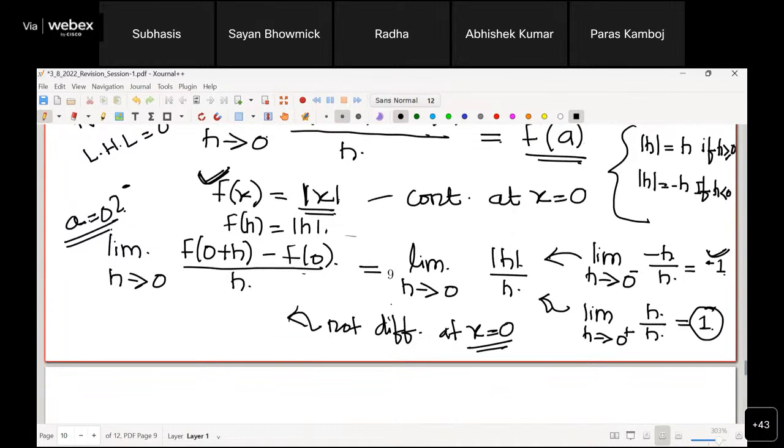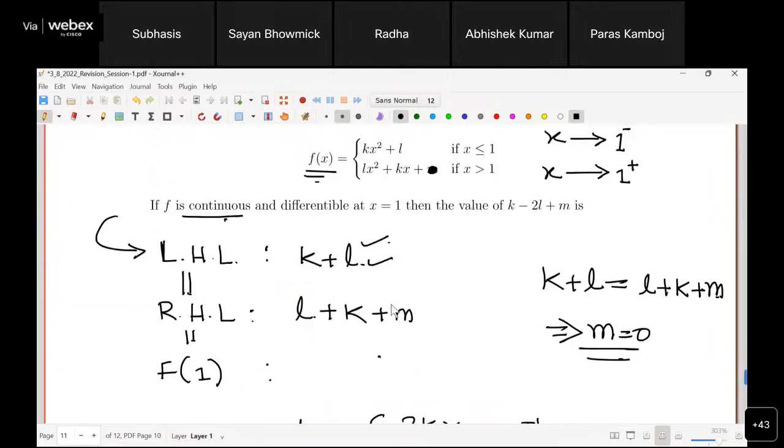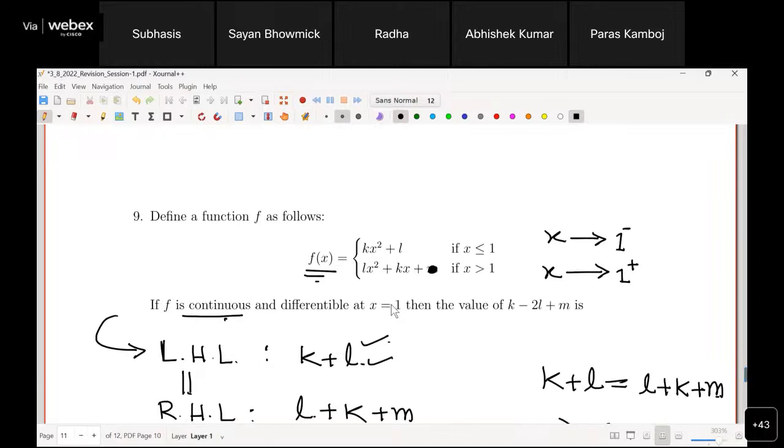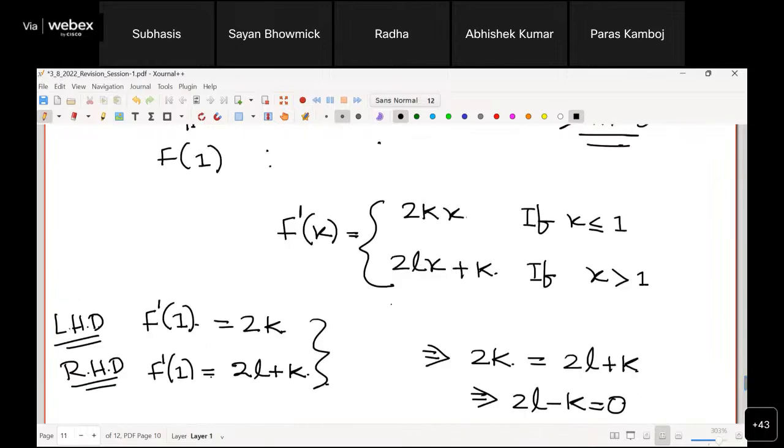This is my left hand derivative and this is my right hand derivative, and that's why that function is not differentiable. But here it's given that the function is differentiable, so both the things should be equal. That's why by equating this, we are getting this thing.